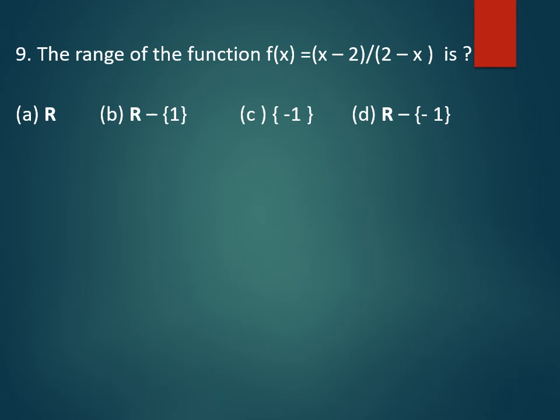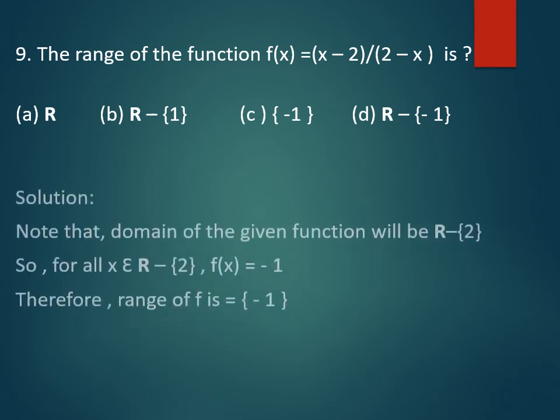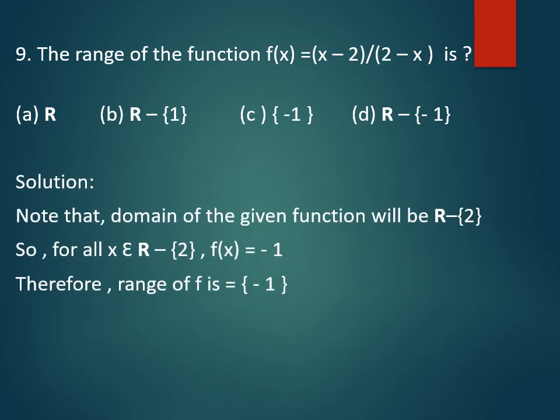Since this is a rational function, and you know that a rational function is defined only when the denominator is not equal to 0, the domain for this function is the set of all real numbers other than 2, because if I substitute x equal to 2 here, the denominator becomes 0.